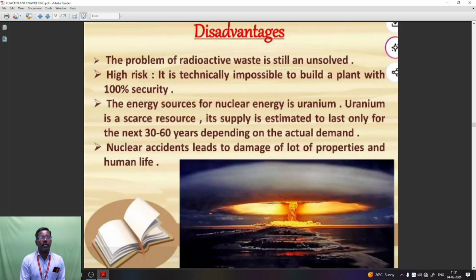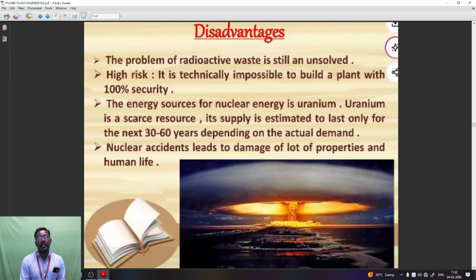Disadvantages. The problem of radioactive waste is still unsolved. Second point is high risk. It is technically impossible to build a plant with 100% security. The energy source for nuclear energy is uranium.